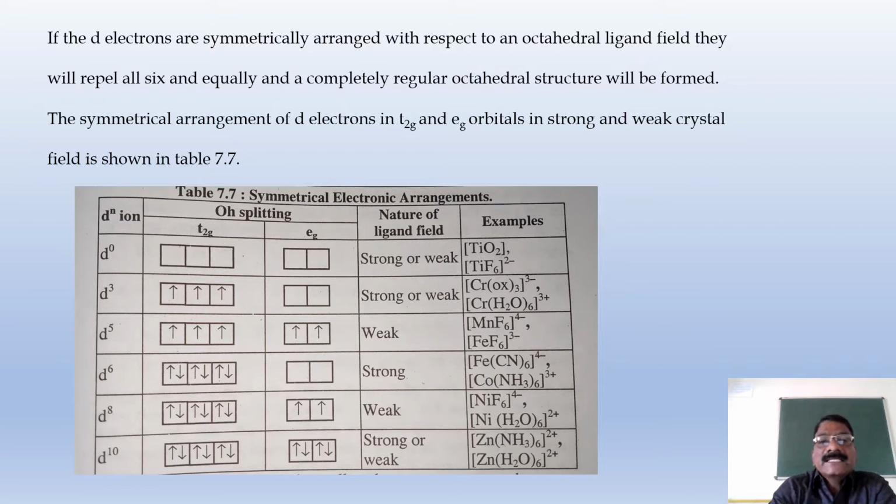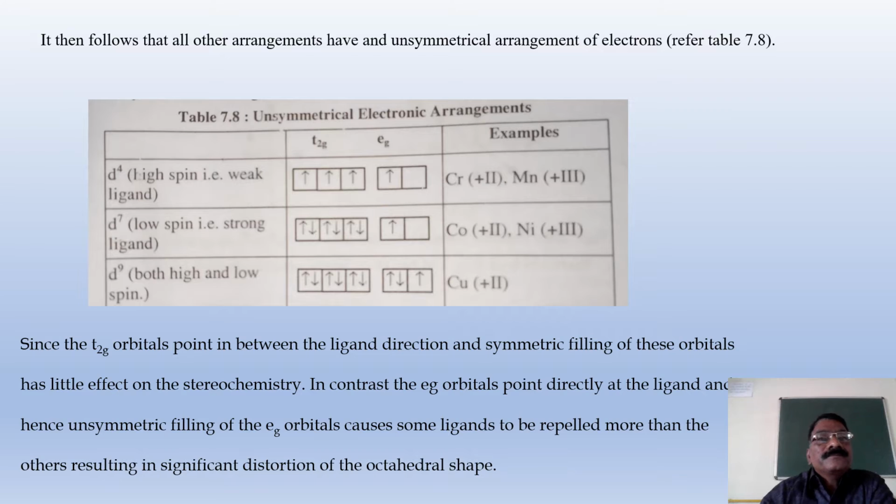But other than these, if there is irregular or unsymmetrical filling of electrons, then that results in distortion, and we are going to see that distortion. All the other arrangements have unsymmetrical arrangements of electrons.